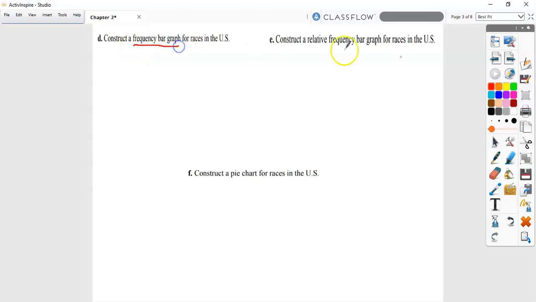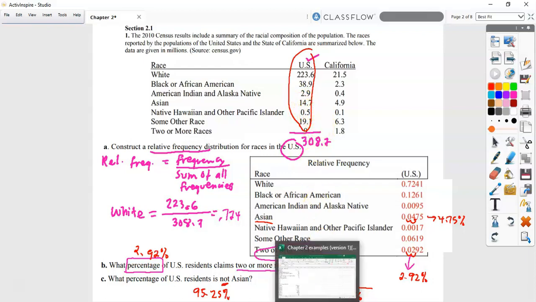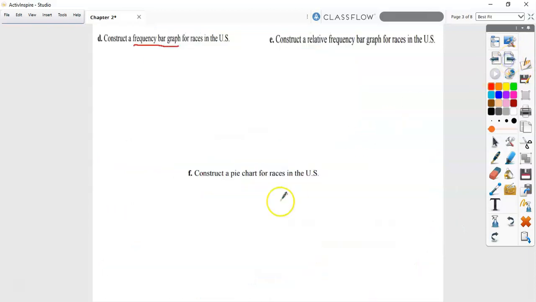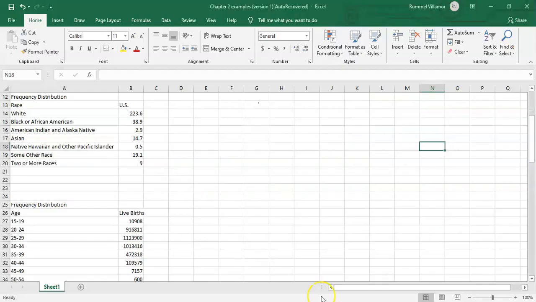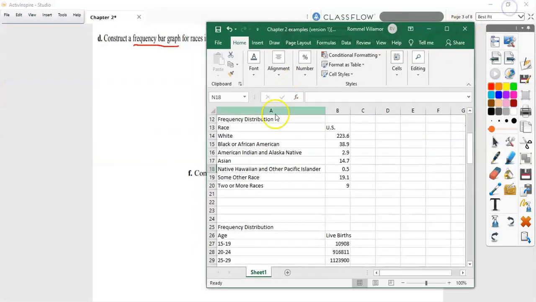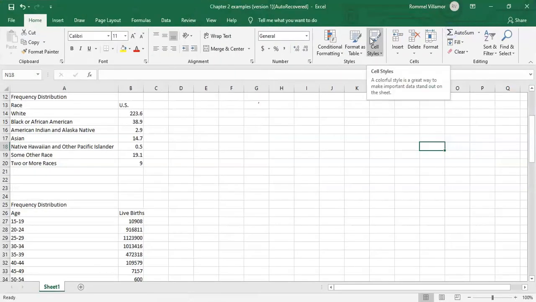So we will be using this data right here, and I already pre-typed that in our Excel because we're going to use Excel to construct our frequency bar graph. As you can see, I typed that up here in our information and our data. So we have the races on the first column, and then the count, the frequency, on the second column.